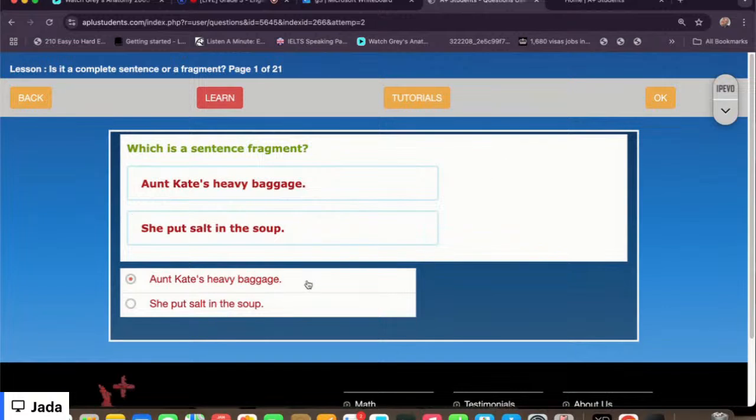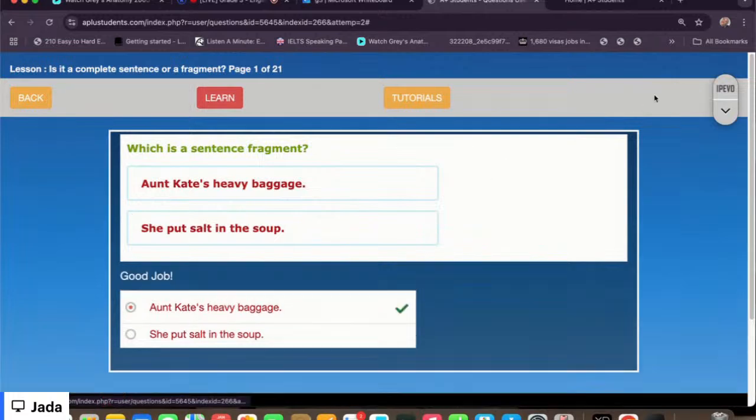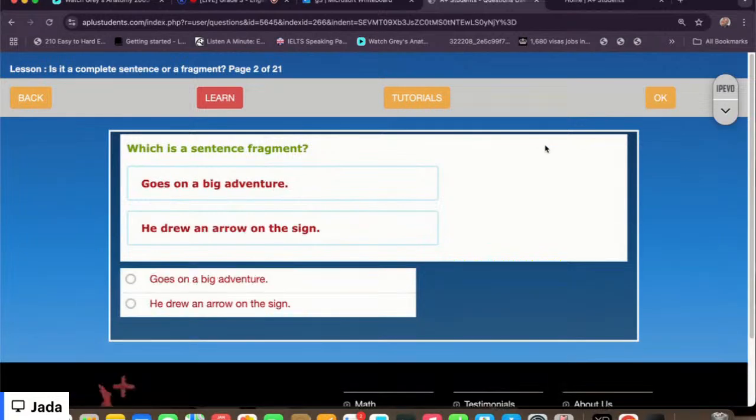So one. Okay, one is the sentence fragment. Good. Okay. Next one. Which is the sentence fragment here?